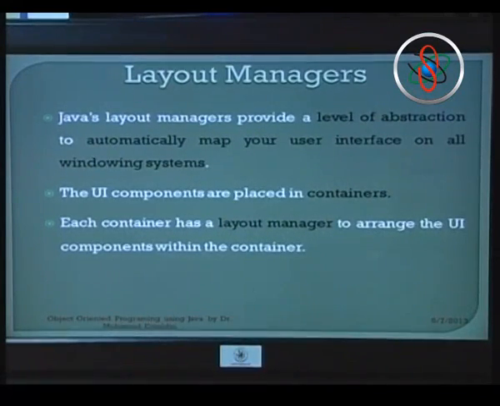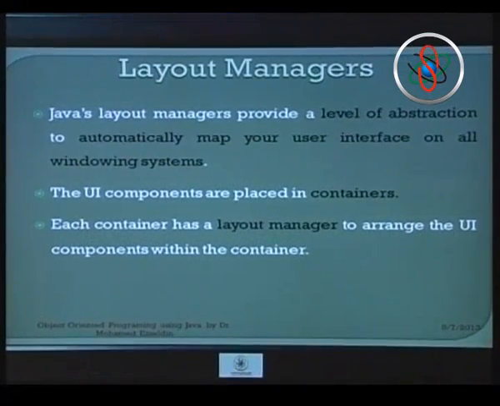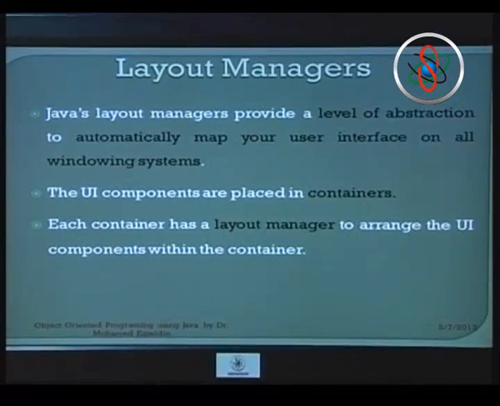In order to speak about this, there is a need to speak about the layout managers. Java layout manager provides a level of abstraction. Abstraction to do what? Automatically map your user interface on all Windows systems. طيب يبقى انه نحن يعني نحن محتاجين لجافا layout manager. طيب this layout manager actually is to do what? To map, to direct the user into a specific interface.